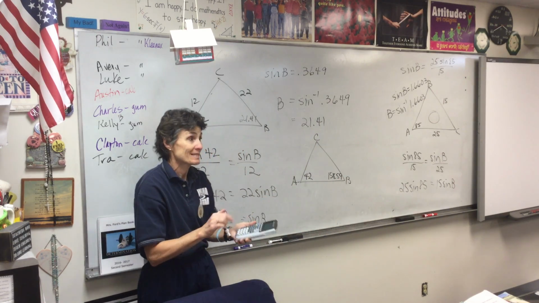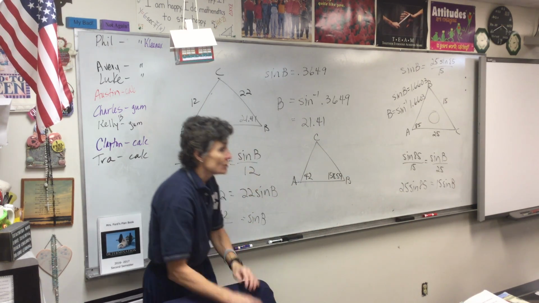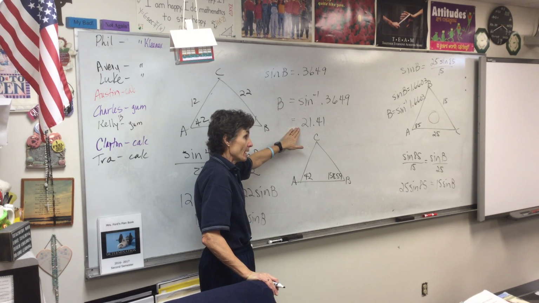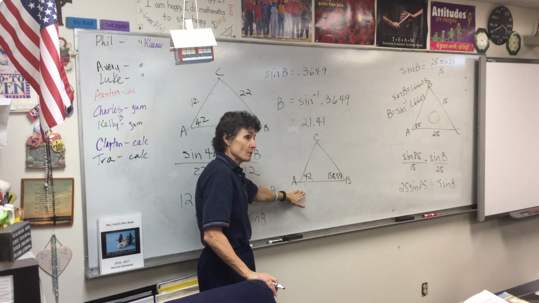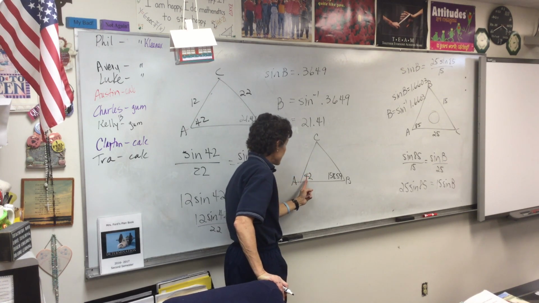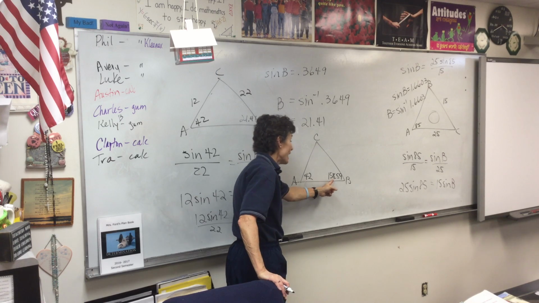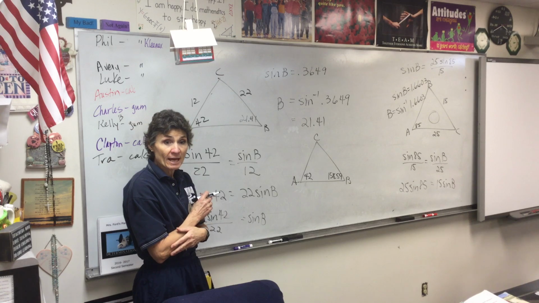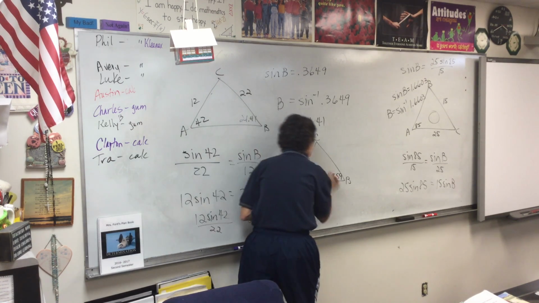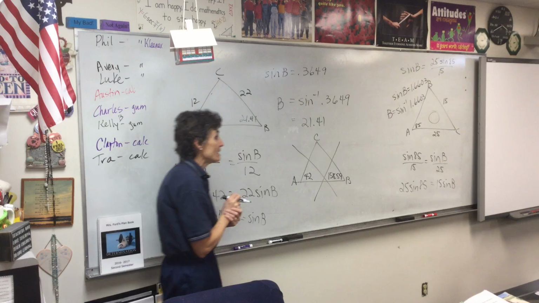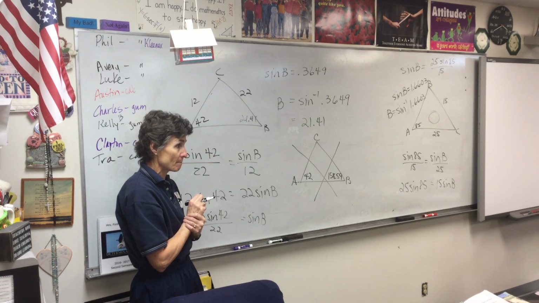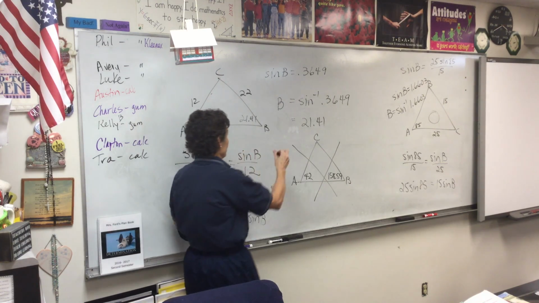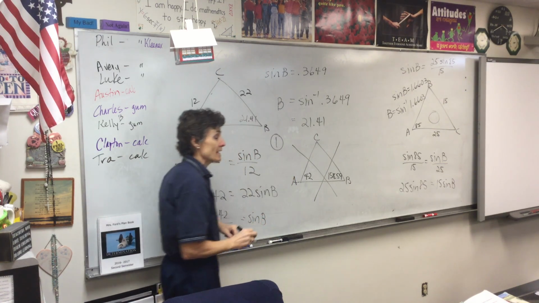Just take 180 minus your first answer. Would it be okay to have a 42 and a 158? No, because it's more than 180. So the second possibility does not check out this time. How many answers does this one have? 1.